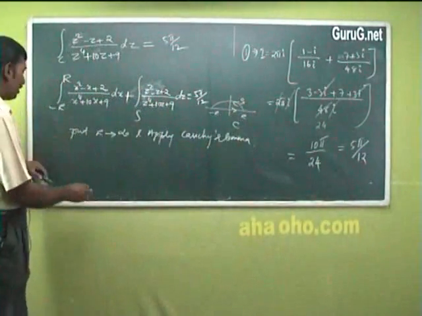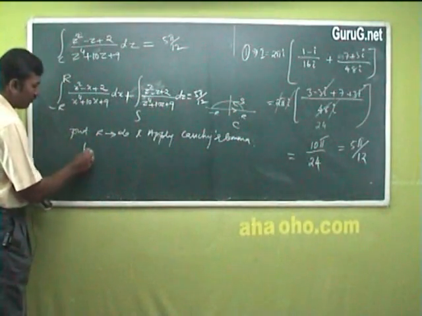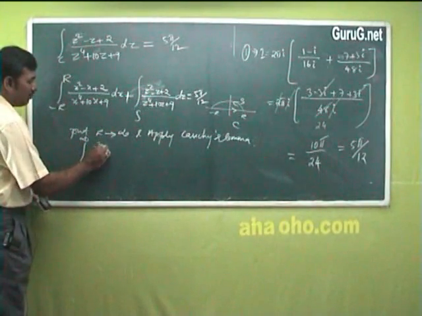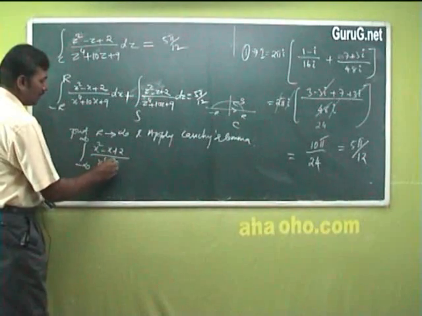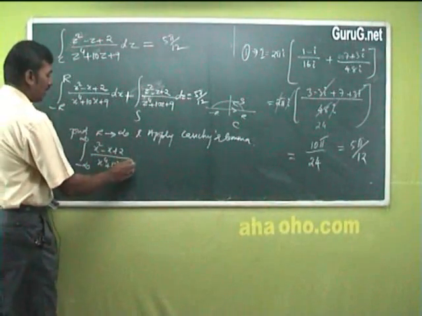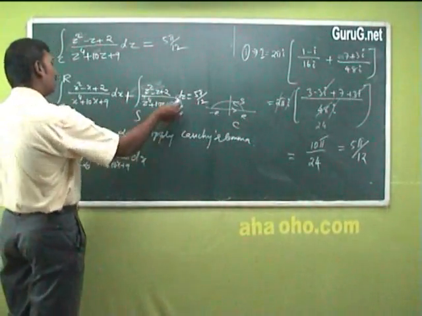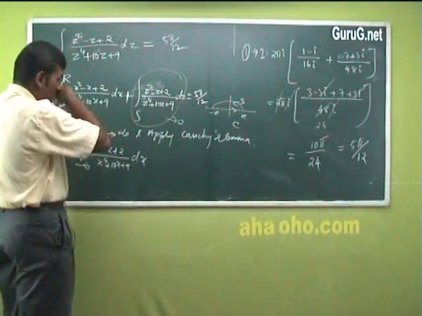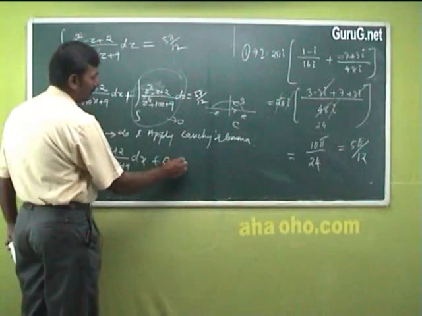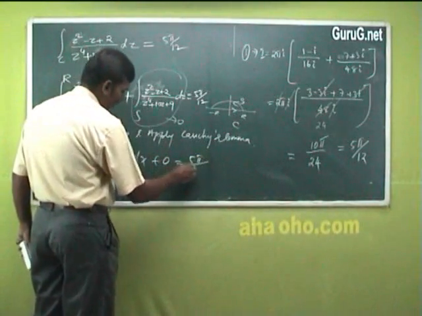So you get integral minus infinity to infinity of x squared minus x plus 2 by x power 4 plus 10x plus 9 into dx. This tends to 0 by applying Cauchy's lemma. So plus 0 equal to 5 pi by 12.